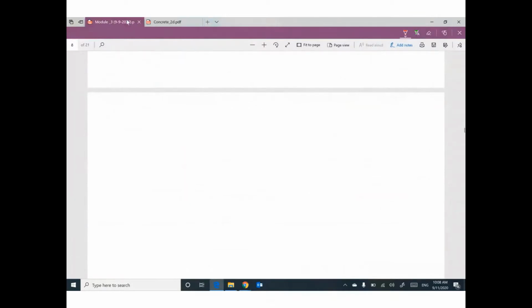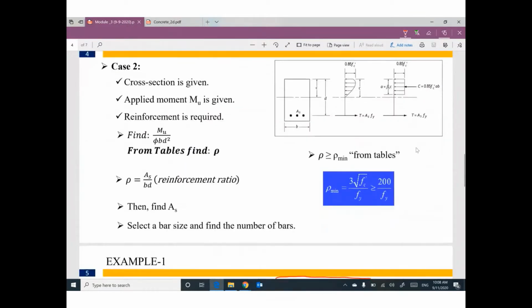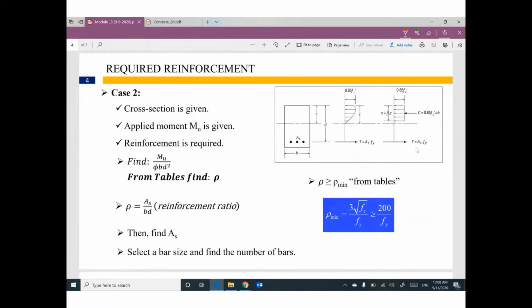We have case number 2. What do you mean by case number 2? The cross section is given, b and d, and the applied moment is given.